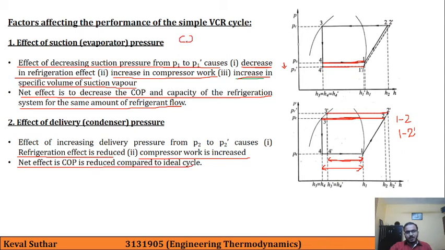Why? Because COP is equal to RE upon W compressor. In both cases, refrigeration effect is reduced and compressor work has increased. So this will reduce the coefficient of performance.